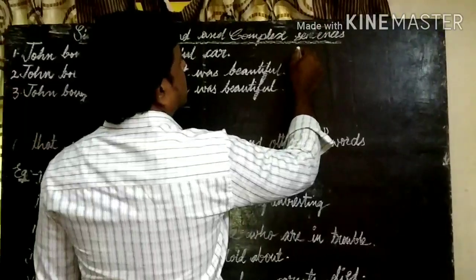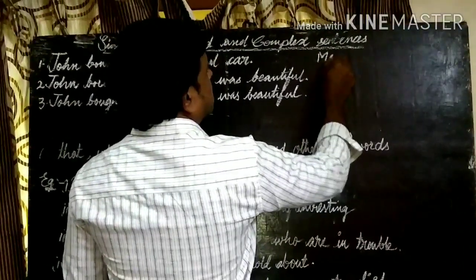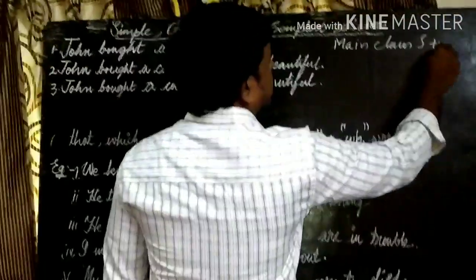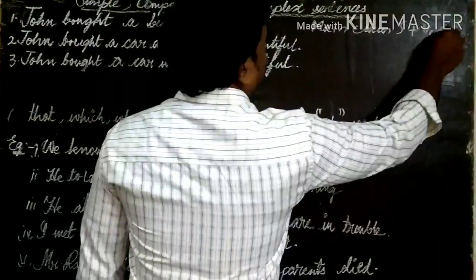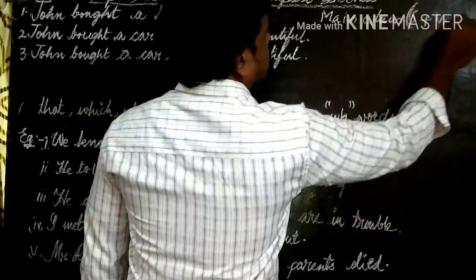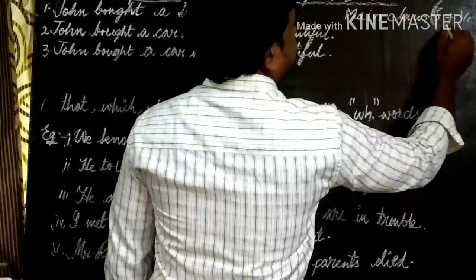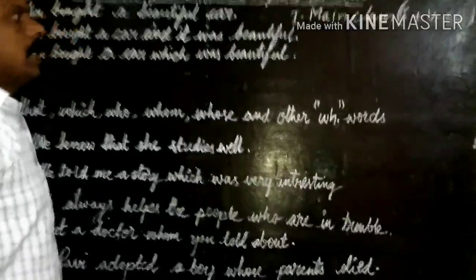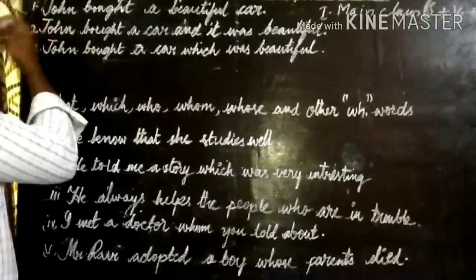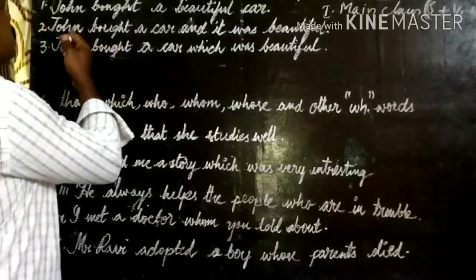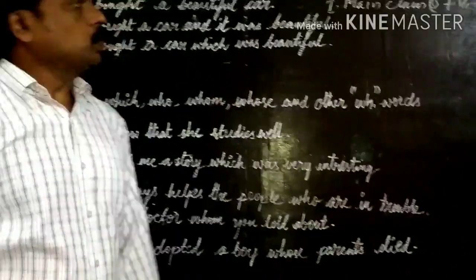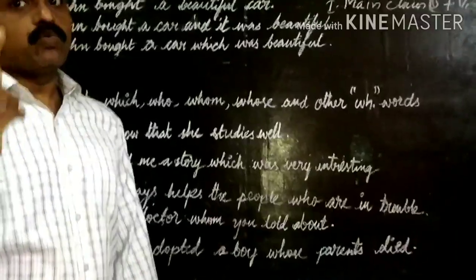One main clause, that means a single subject and predicate. And now the compound sentence. You know, a compound sentence is formed with two subjects and two finite verbs.